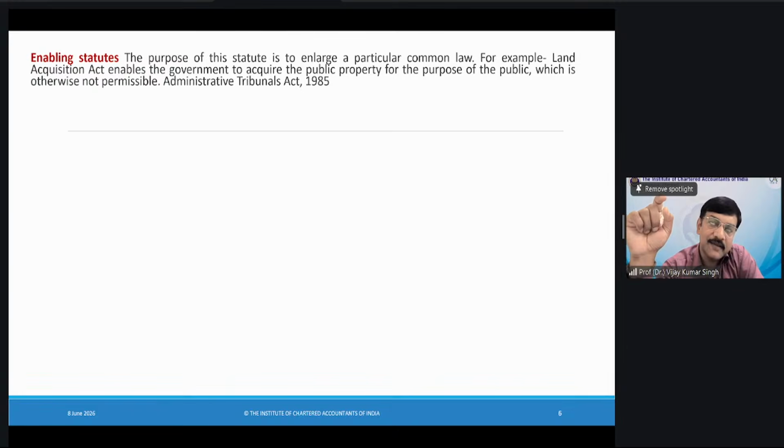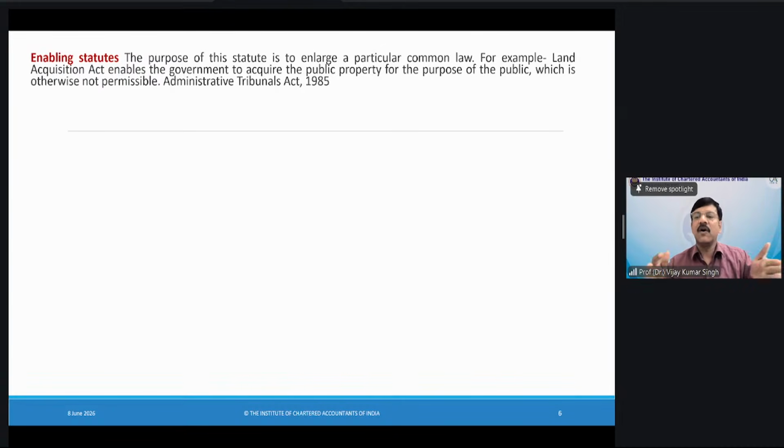Now you may see one legislation may have many of these characters together. In most legislations, you have some enabling clauses or sections. For example, in the Competition Act, you have the enabling clause by which you form the Competition Commission of India, and a clause enabling the Commission to make regulations.